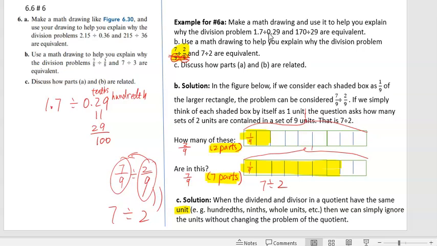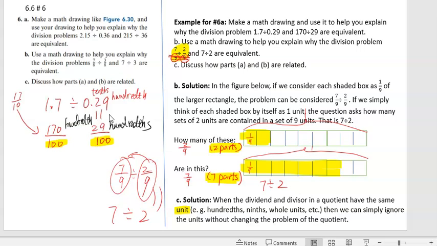If we turn 1.7 into hundredths, of course it's 17 tenths, but 17 tenths can also be turned into 170 hundredths. So now they have the same unit. Both of them have hundredths, right? In words, that's 29 hundredths and 170 hundredths.